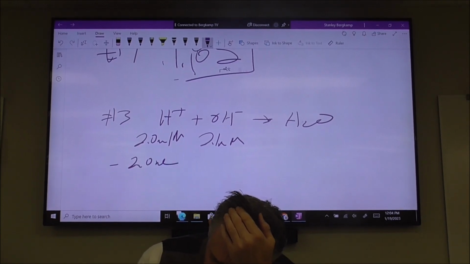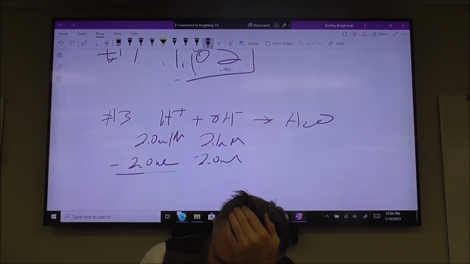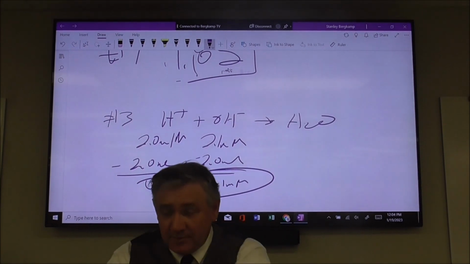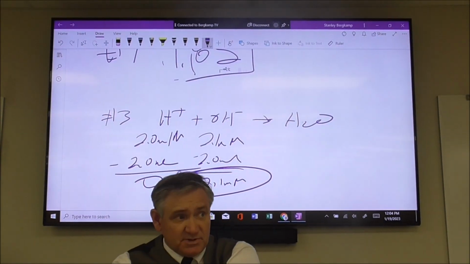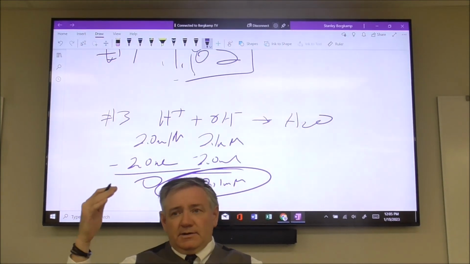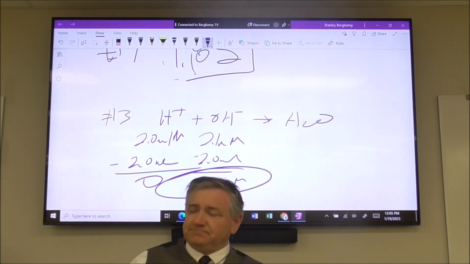So now what's going to run out first is your acid, and you're going to have 0.1 millimoles of base left over. It's a similar idea, but it's kind of like the other side of the coin. Now you have excess base.